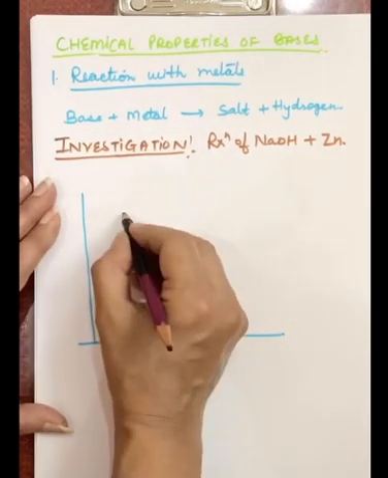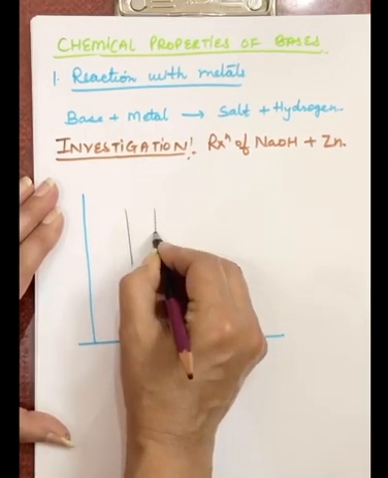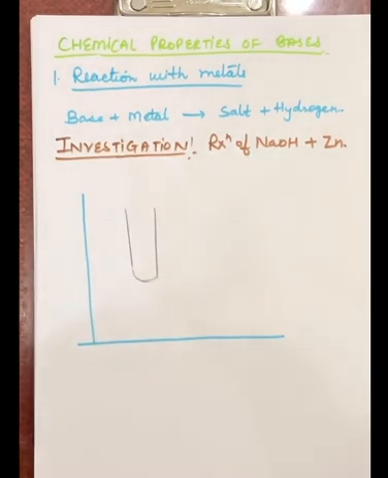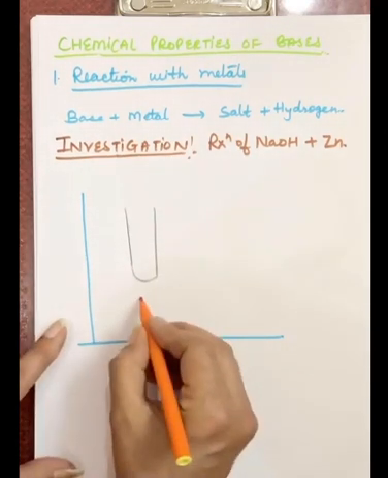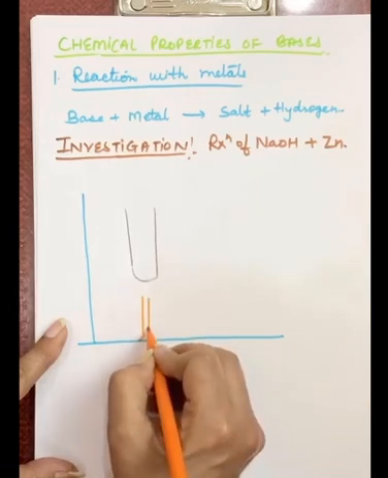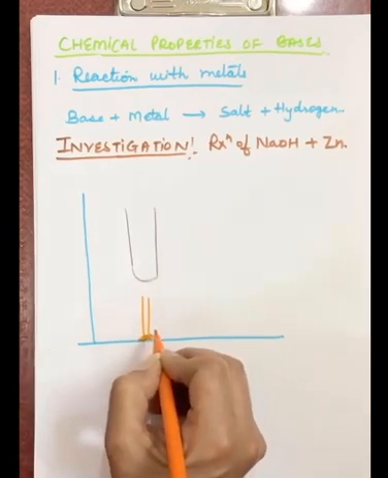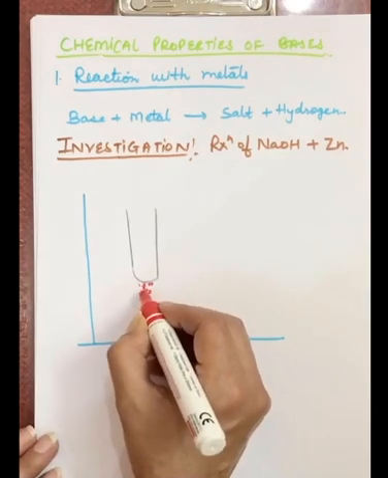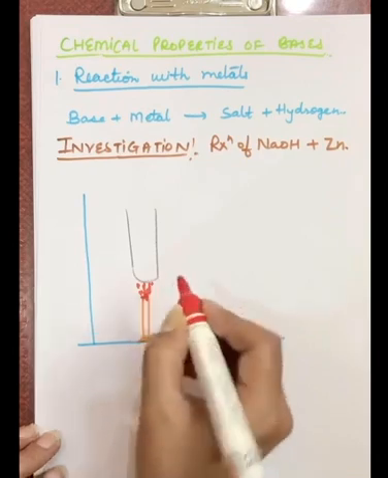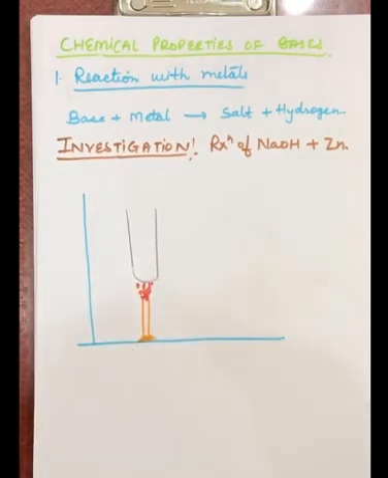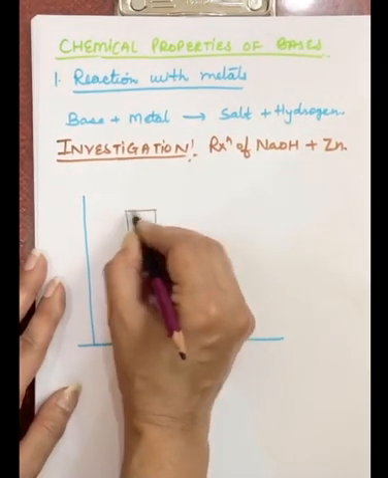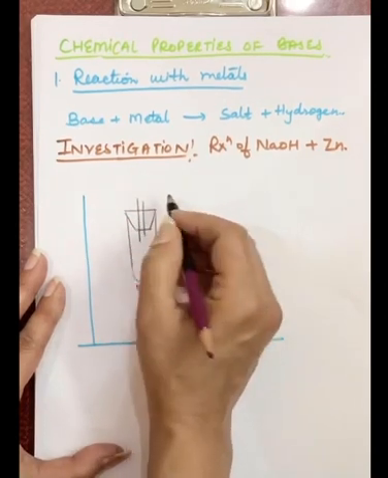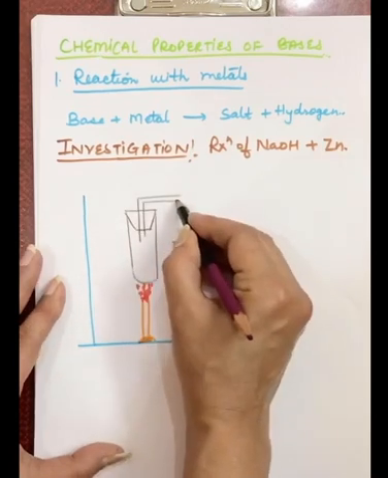Under the test tube we are taking a burner, and when we switch it on, there will be a flame here. In the mouth of this test tube there's a cork with a hole, and through that hole there's a delivery tube that will pass.